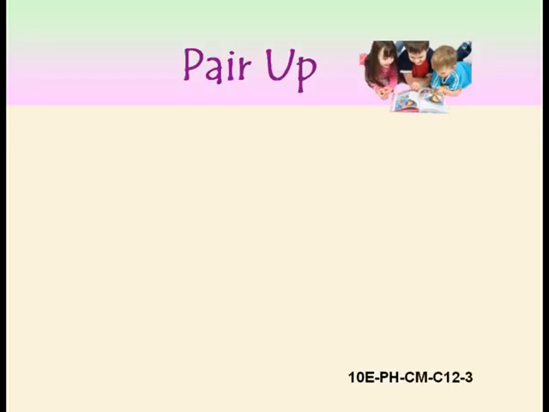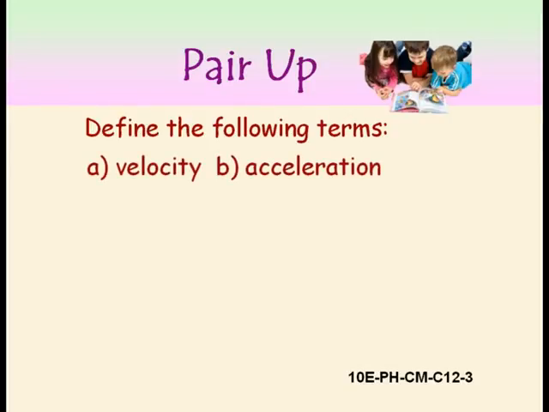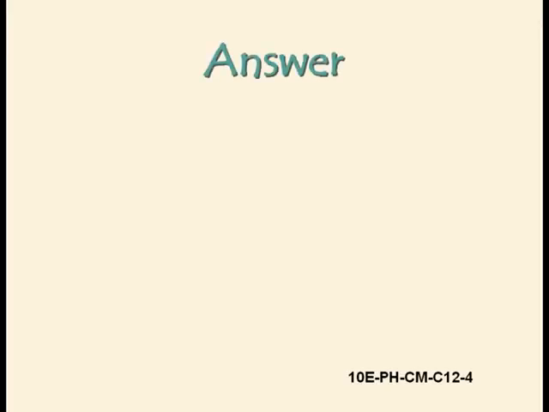Dear children, pair up and define the following terms. A. Velocity. B. Acceleration. Remember, these are the physical quantities used to measure motion of objects. Answer: Velocity.